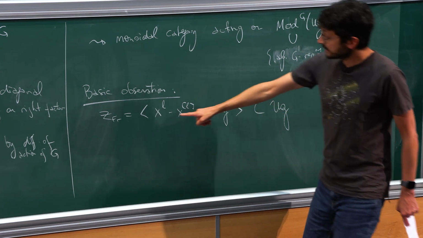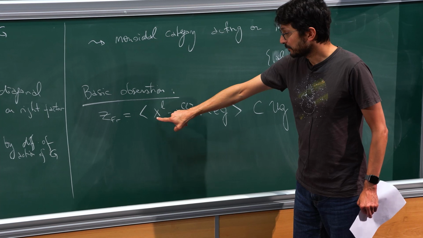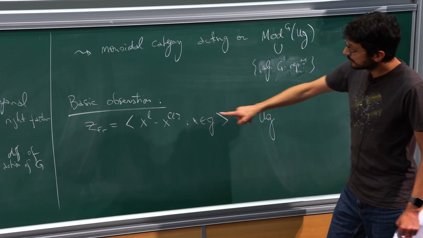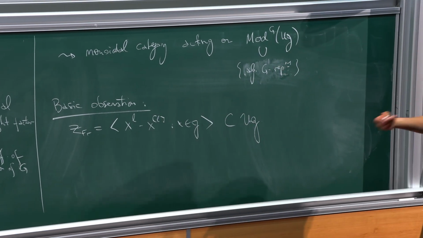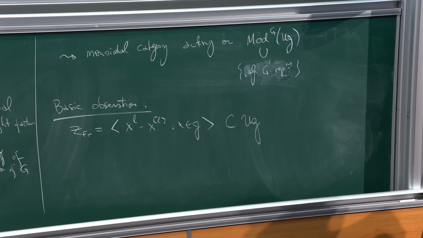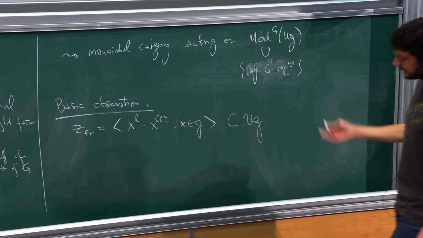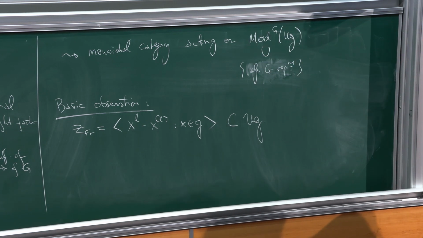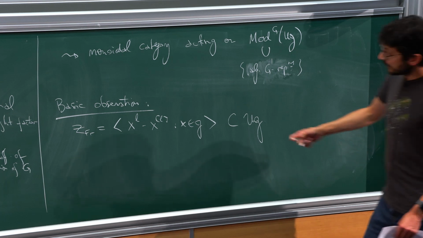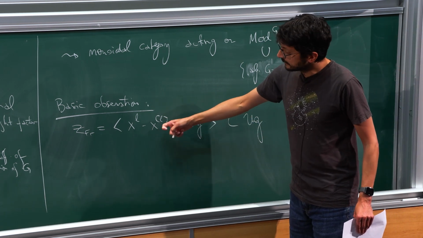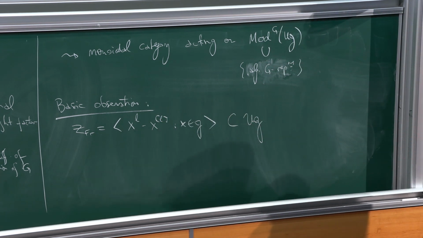Here, x to the L means the Lth power of x in the enveloping algebra, and x to the bracket L means the restricted Lth power. This is an operation that we have on any Lie algebra of an algebraic group over a field of characteristic L. And this x to the bracket L is another element in the Lie algebra.